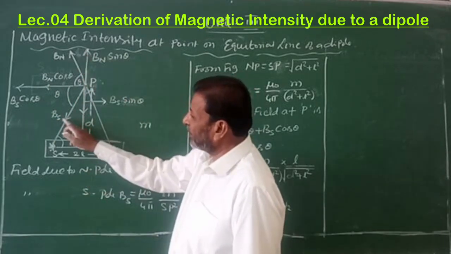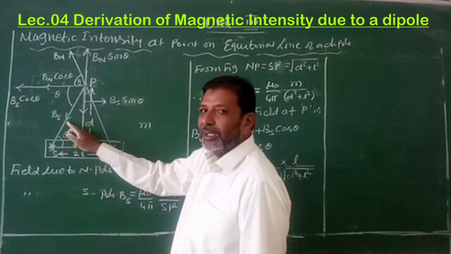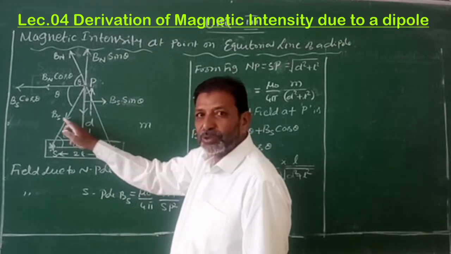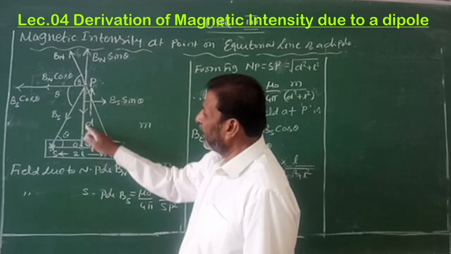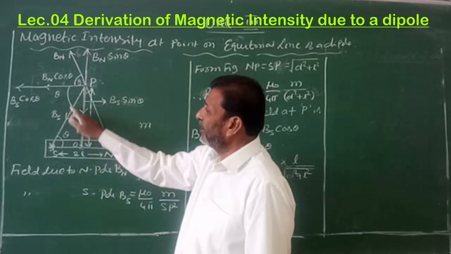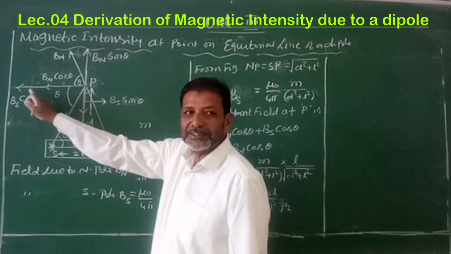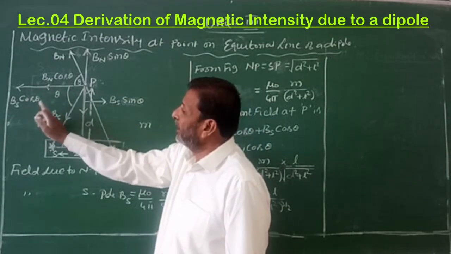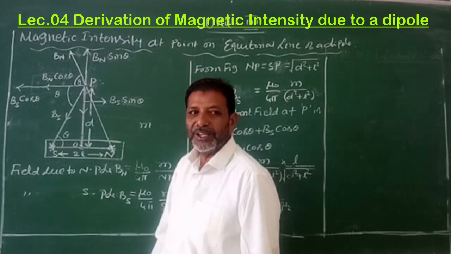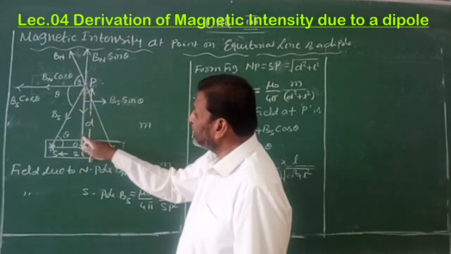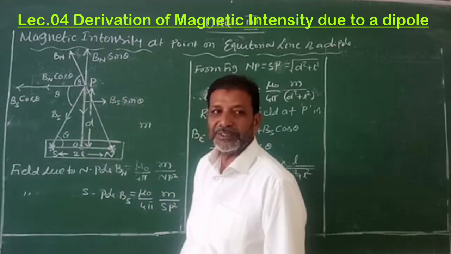Now coming to this vector Bs, if you want to resolve this one, again you take the coordinate system like this. Now this vector makes an angle theta with this axis, therefore this will become its cos component, that is Bs cos theta, and this will become its sine component.